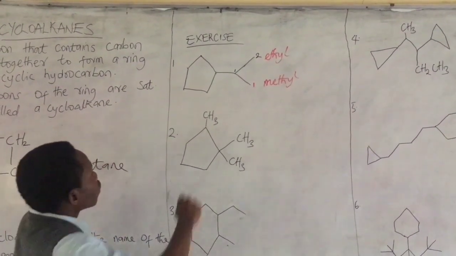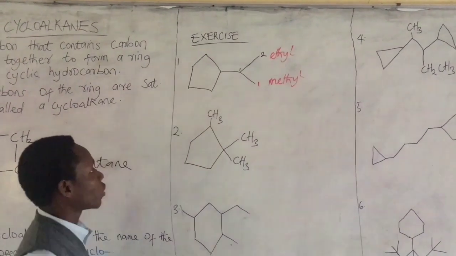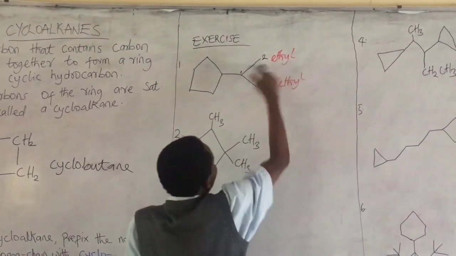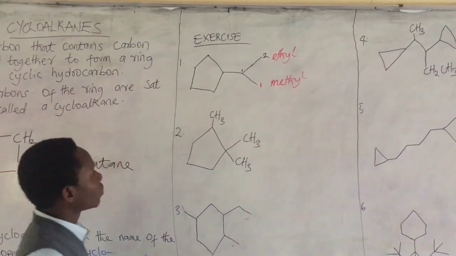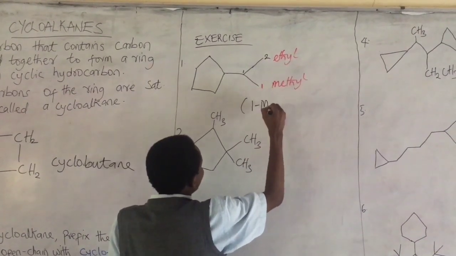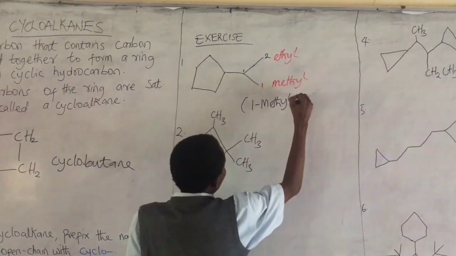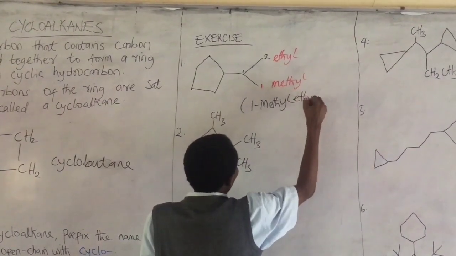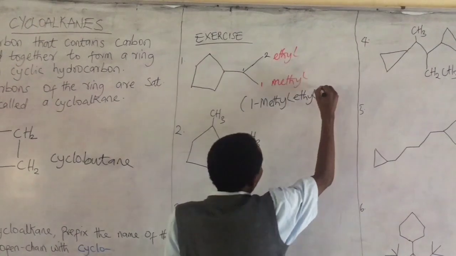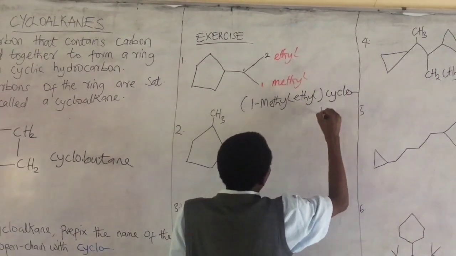Alright. Because we are just having one substituent, we are not going to number the cycloalkane. Only number this. So we have 1 bracket 1 methyl, that is methyl, ethyl, and then we close our brackets, cyclopentane.